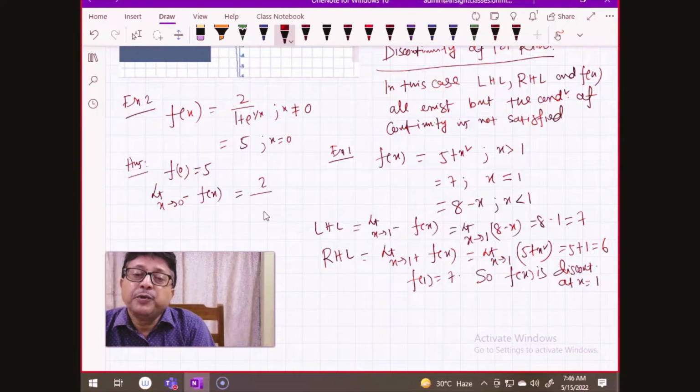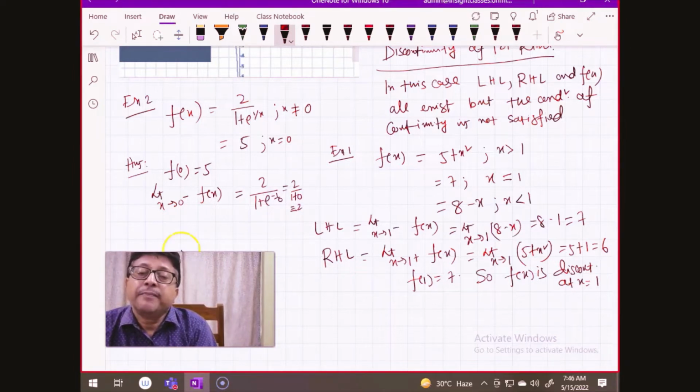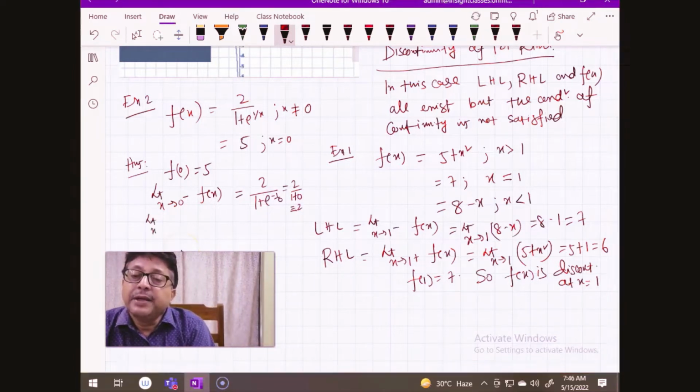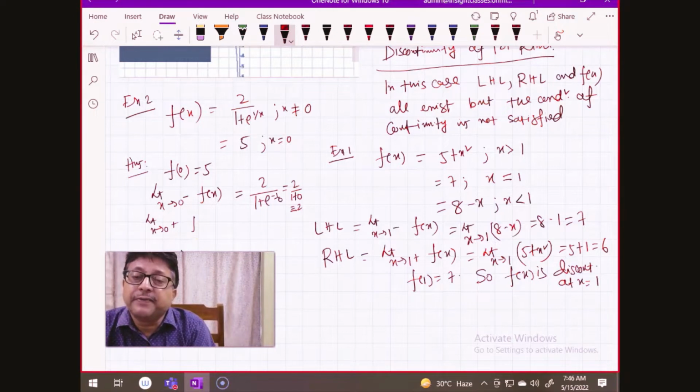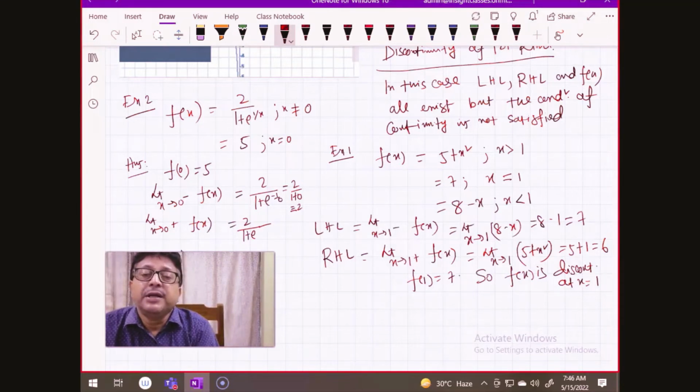Limit x tending to 0 minus f(x) is going to be 2 by 1 plus e to the power minus 1 by 0, that is e to the power minus infinity. e to the power minus infinity is 0. So 2 by 1 plus 0, the answer is 2. And the right hand limit, limit x tending to 0 plus f(x): 2 by 1 plus e to the power 1 by 0, which is e to the power infinity, and that is infinity.